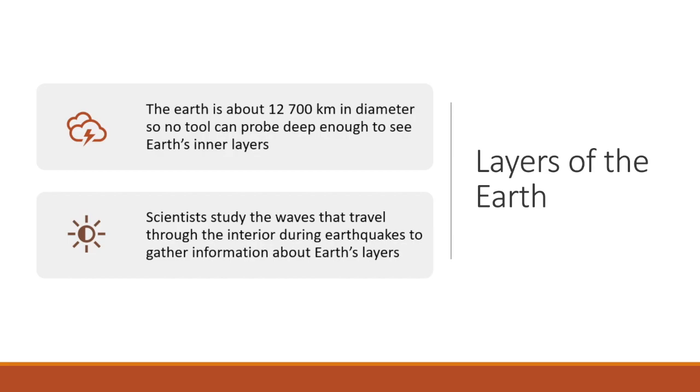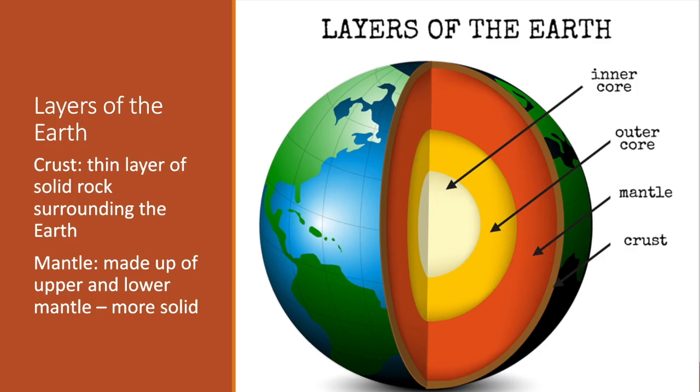However, scientists study the waves that travel through the interior during earthquakes to gather information about Earth's layers. From those studies, we were able to figure out 4 main layers of the Earth.